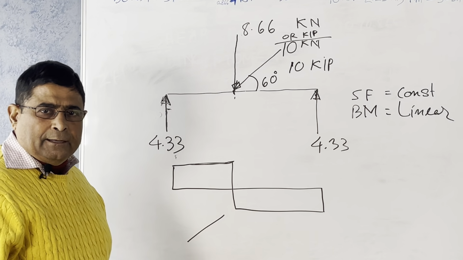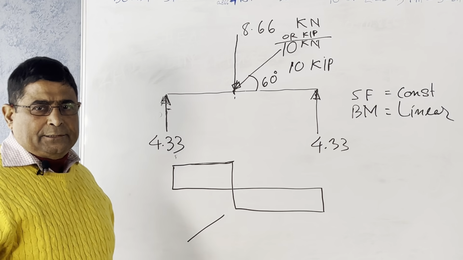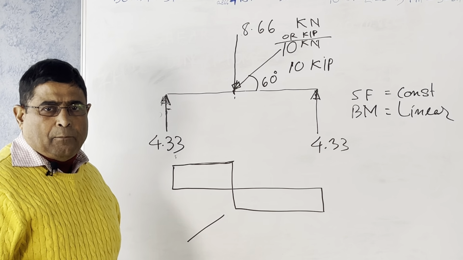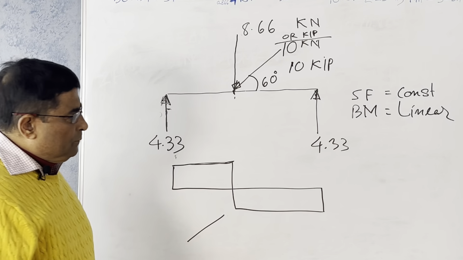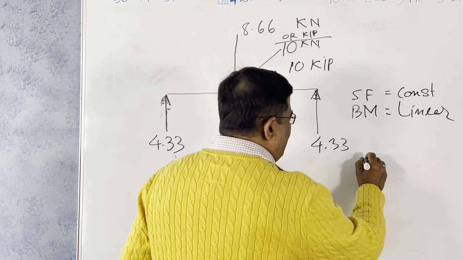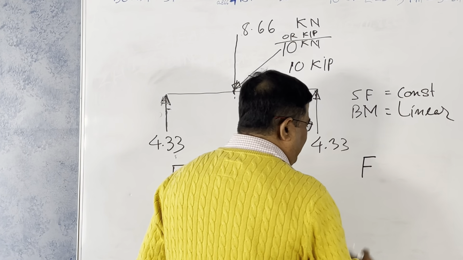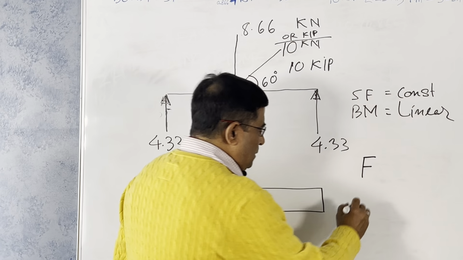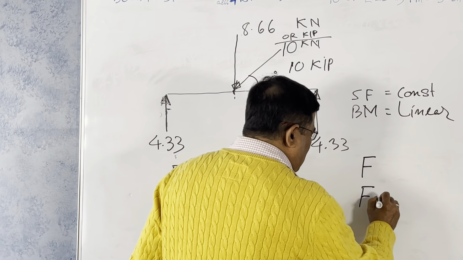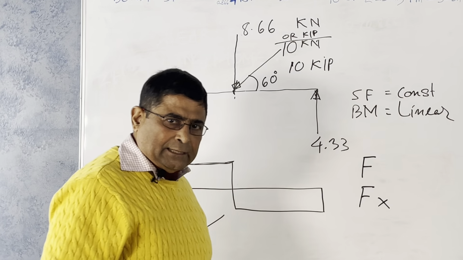When shear force is linear, bending moment is parabolic, like that. Because the shear force is governed by F, the force, and moment is governed by F into X, distance.